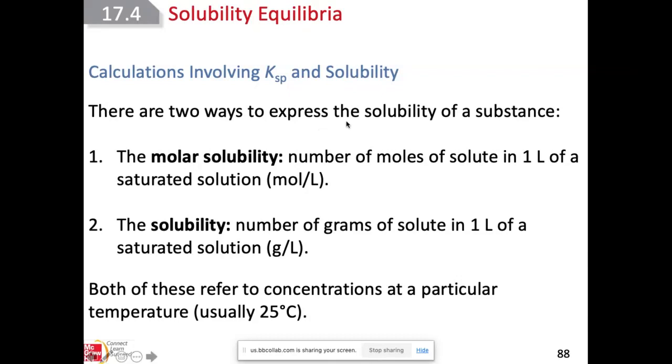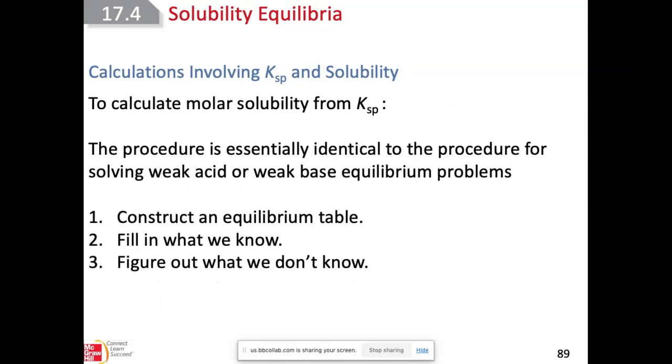We can express the solubility of a substance using molar solubility, the number of moles of solute in 1 liter of saturated solution, moles per liter. Or we can express just the solubility, the number of grams of solid in 1 liter of saturated solution. Both of those concentrations are at 25 degrees Celsius.